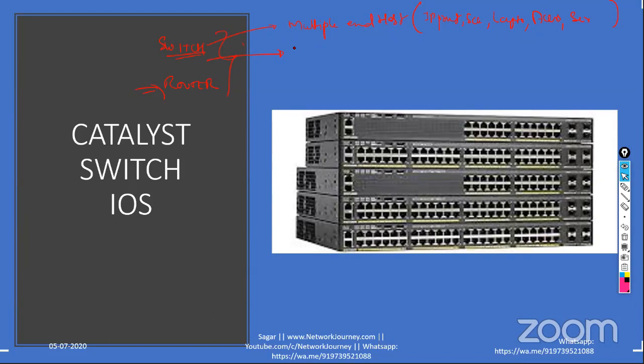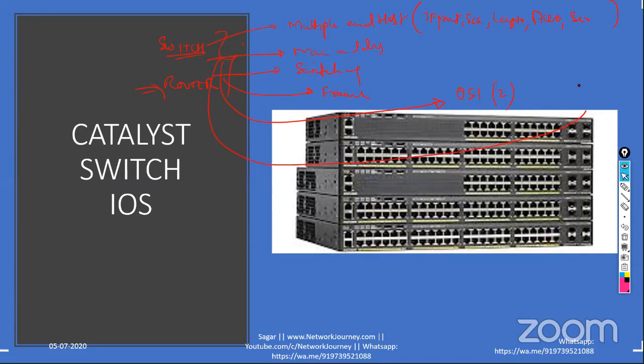How do switches work? Switches work on a MAC address table. So we basically call it switching technology. The packets that we see within the switch, we normally call frames. And from the OSI layer point of view, they work on OSI layer 2, the data link layer.